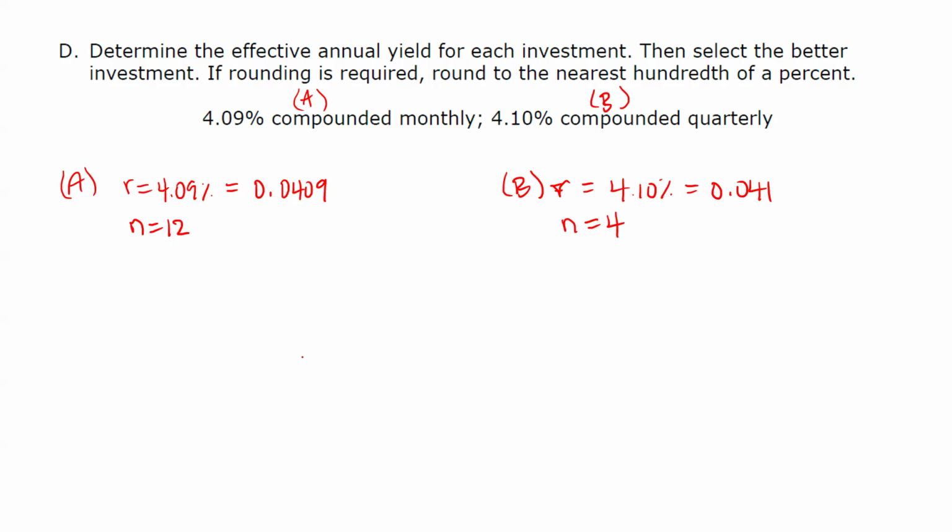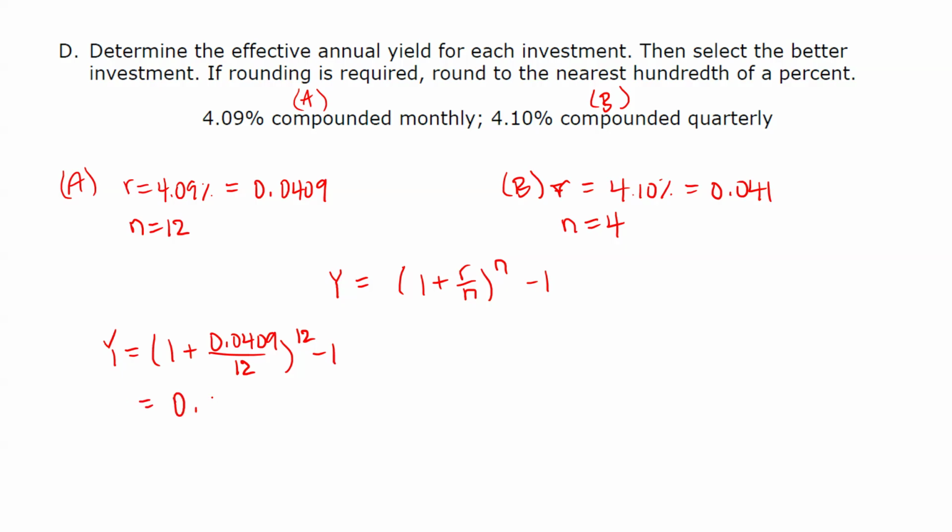Our effective annual yield formula is (1 plus r divided by n) raised to the power n, minus 1. So for A, substituting in our values, we'll have 1 plus 0.0409 divided by 12, raised to the power 12, minus 1.